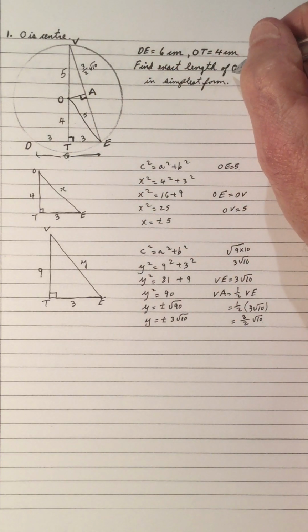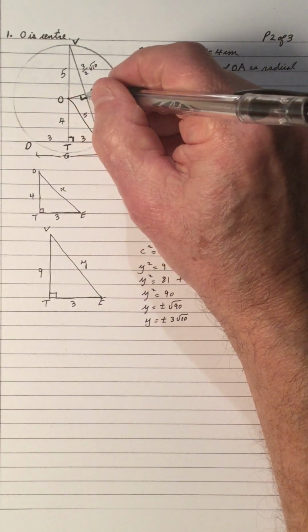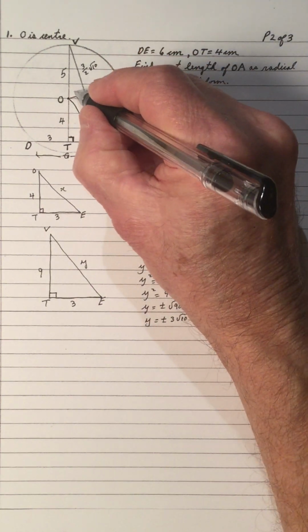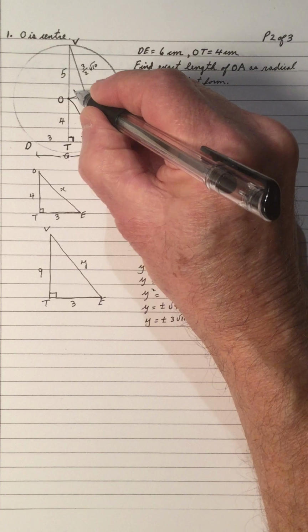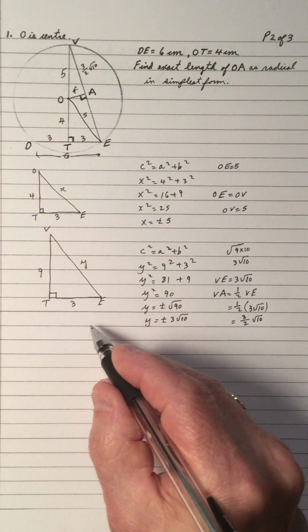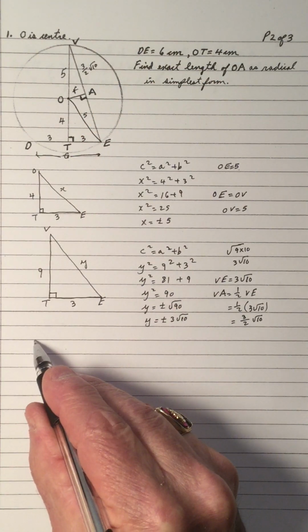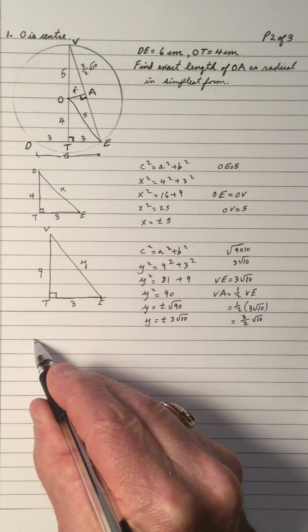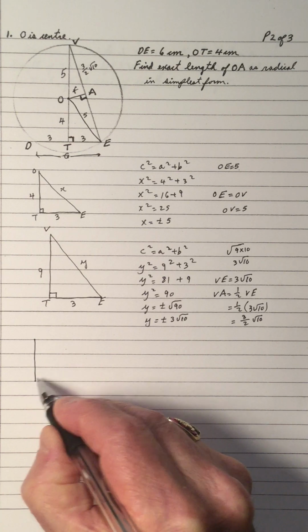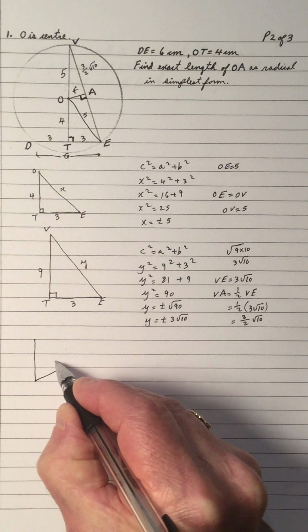So we want to find OA. So OA is here. I'm going to call OA F just for a second. And now let's reproduce this diagram like it is there, going a little bit sideways.